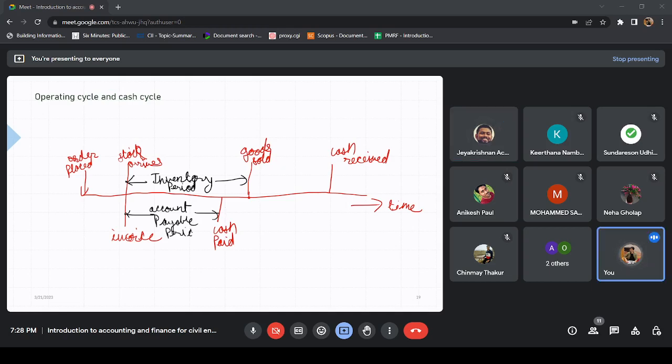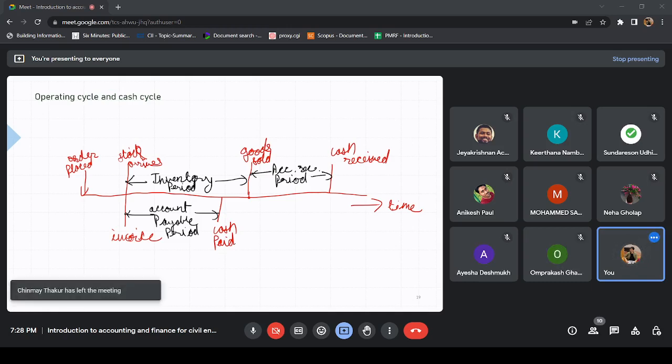Okay. Because we are talking in terms of time, and this will be your account receivable. So how long are you deploying the cash, from cash paid to cash received, right?